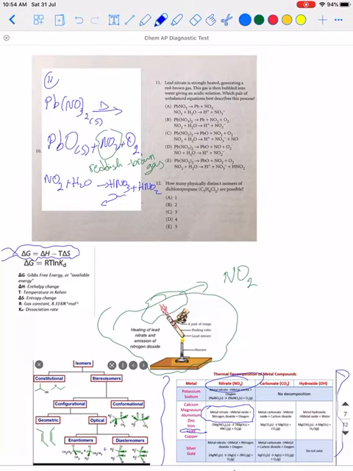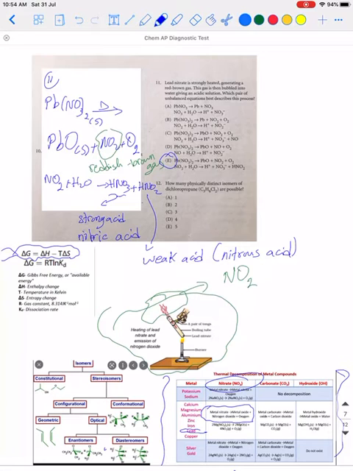This is a strong acid, nitric acid, and this is a weak acid, nitrous acid. So the best equation that describes what's in the problem is part E.